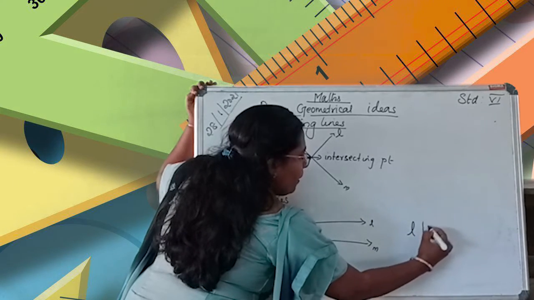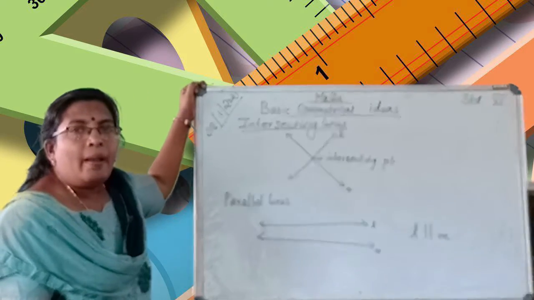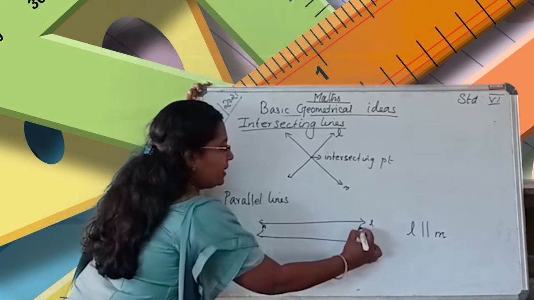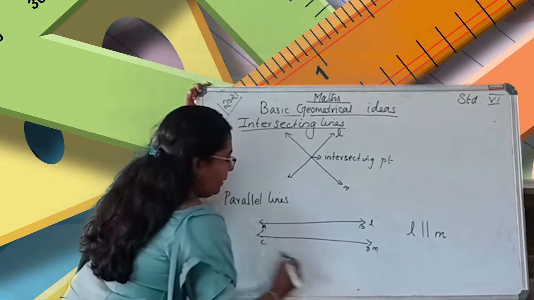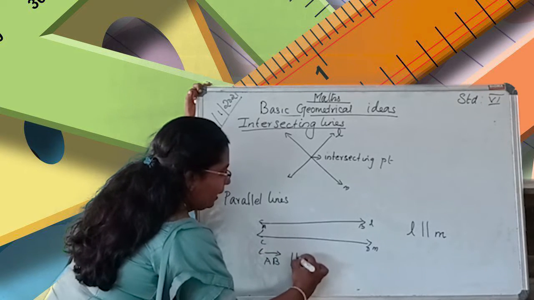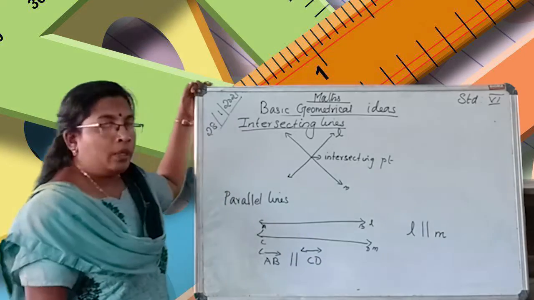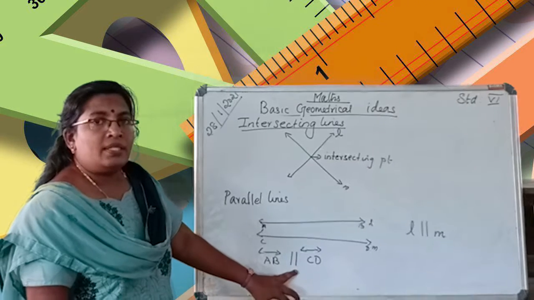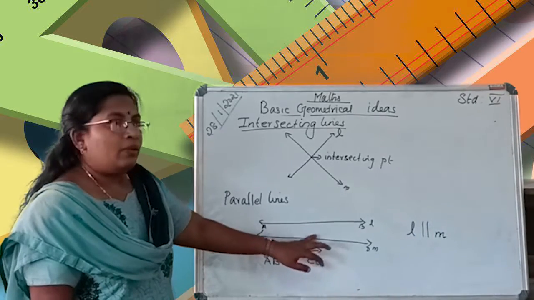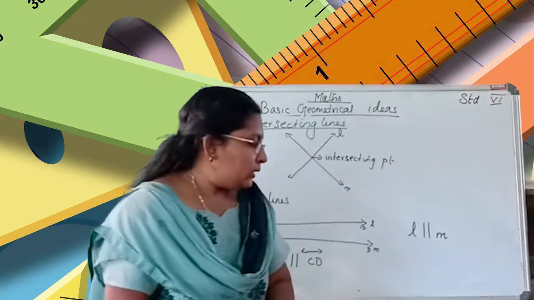L is parallel to M. Otherwise, when we mention this as A, B, C, D, that is line AB is parallel to line CD. See the parallel symbol. These parallel lines will not meet anywhere. Okay. Next.